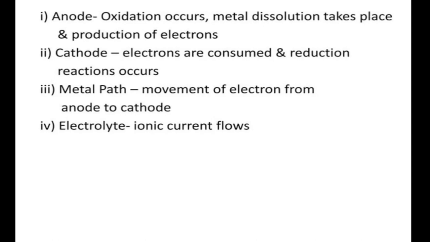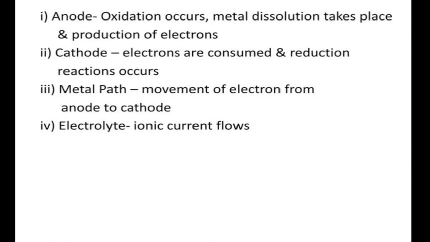Now, anode, cathode, metal path and electrolyte are the major important components of this type of corrosion. Anode means oxidation occurs here, metal dissolution takes place and electrons are produced. At the cathode, electrons are consumed and the reduction reaction takes place.